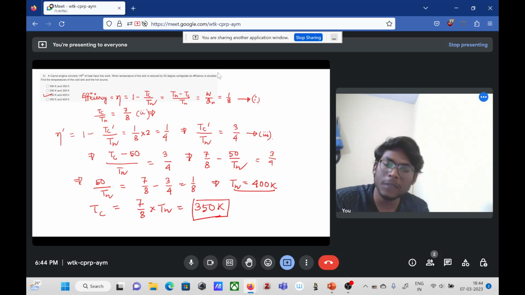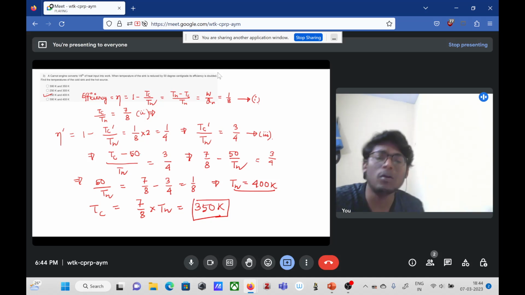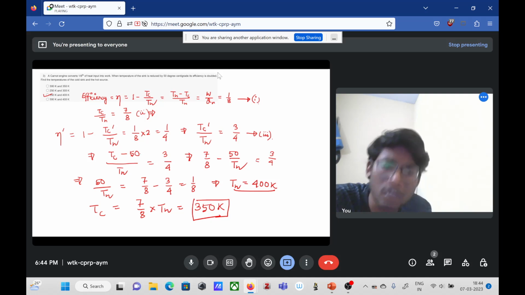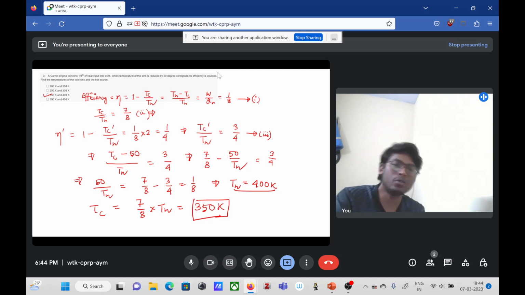And after doing the algebraic manipulation, we also got one other definition of the efficiency: the delivered work of the heat engine, W, divided by the heat extracted from the source, QH. And we know that the extracted work is 1/8 of the heat extracted from the source.